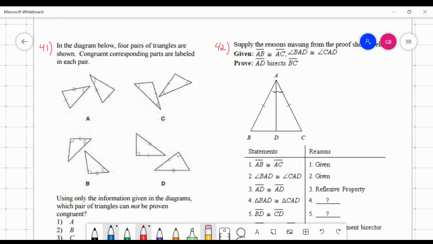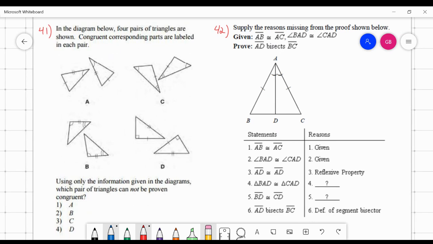41. In the diagram below, 4 pairs of triangles are shown. Congruent corresponding parts are labeled in each pair. Using only the information given in the diagrams, which pair of triangles cannot be proven congruent? Okay, so let's see.